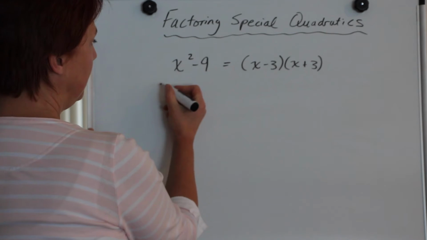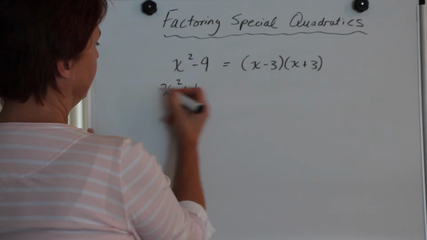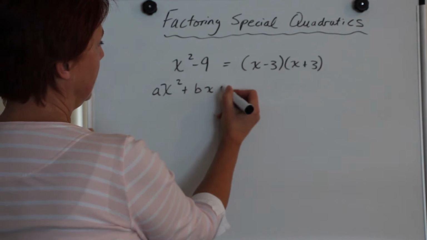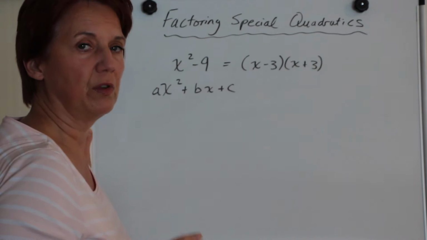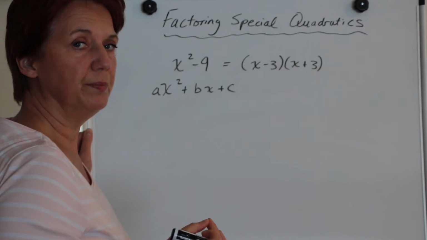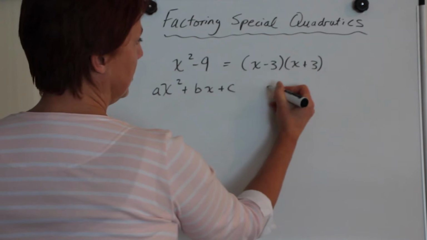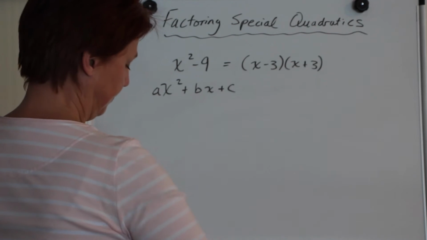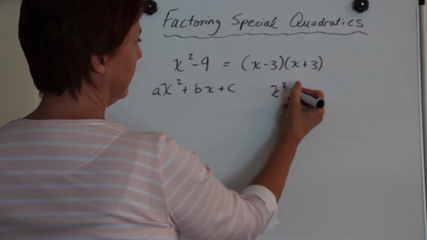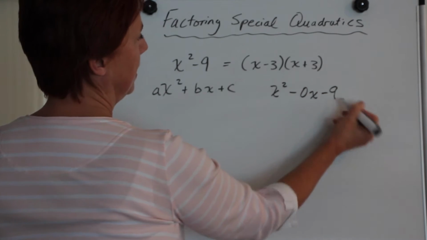The last few quadratics that we've been doing have been of this form, ax squared plus bx plus c, and a, b, and c were all non-zero numbers. There was always a value to them that wasn't zero. This time b is 0, so if we wrote this a different way, it would look like x squared minus or plus, doesn't matter, 0x minus 9.